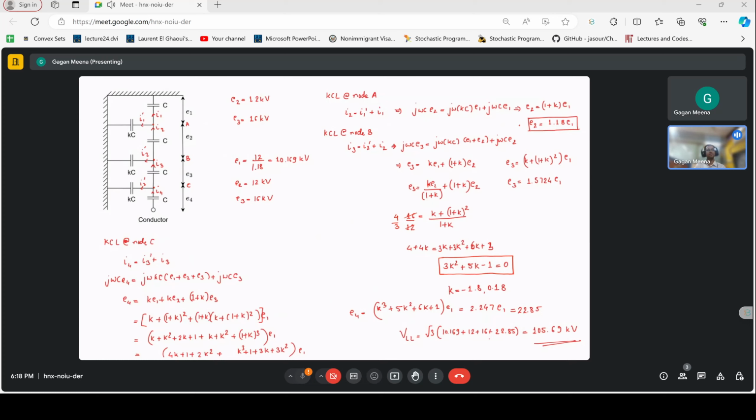If we substitute E2 and E3 here in terms of E1, finally you will get K cube plus 5K square plus 6K plus 1.